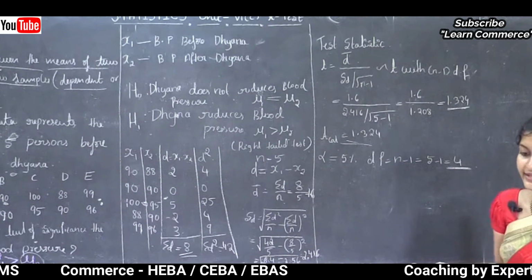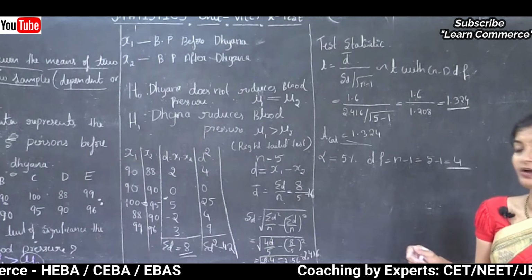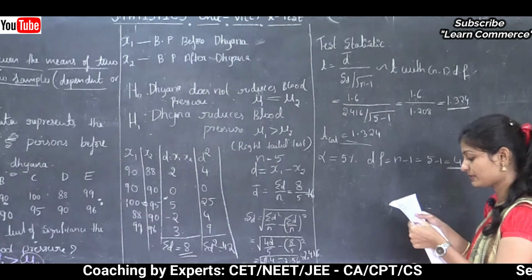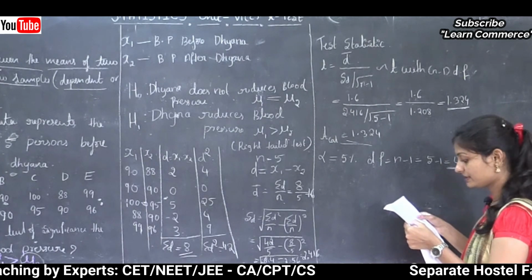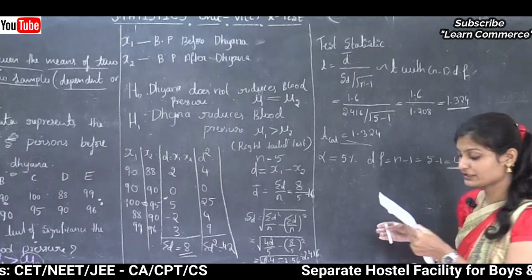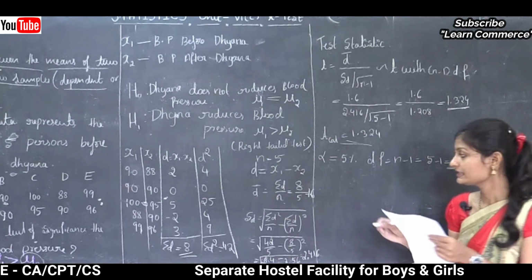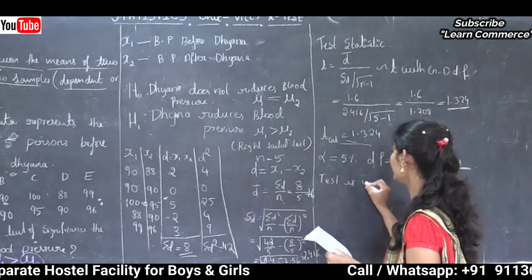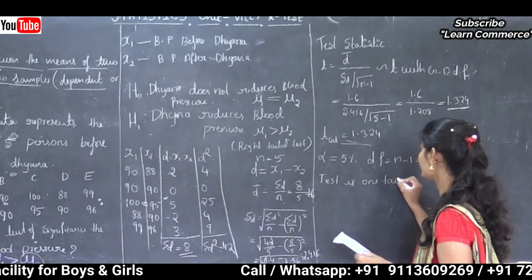This is a right tail test, that is, a one tail test. With alpha 5% and 4 degrees of freedom, the critical value is 2.13.